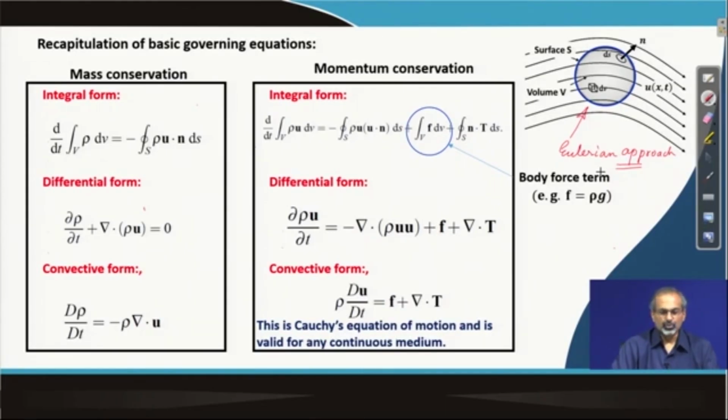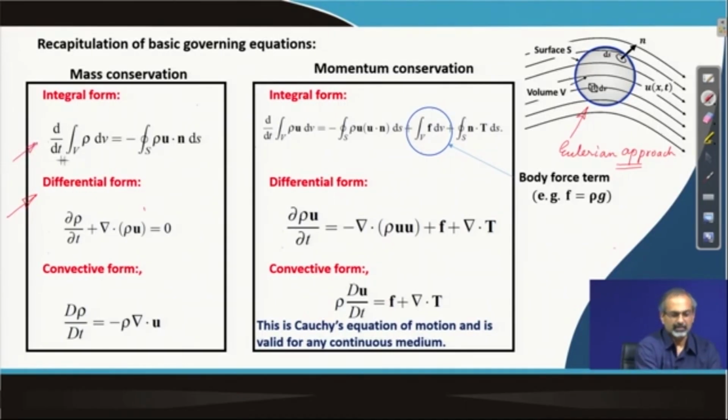So, if you look at mass conservation, for instance, you will find that if you integrate the effect of mass flux and possible existence of mass sources and sinks in the control volume, then you will be able to come up with the first form, which you have over here.